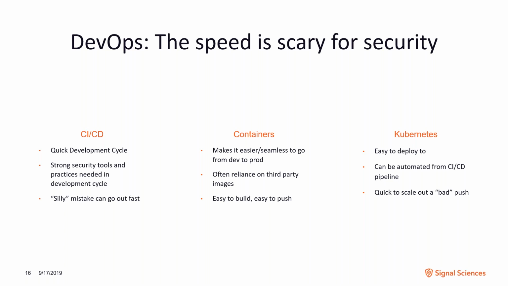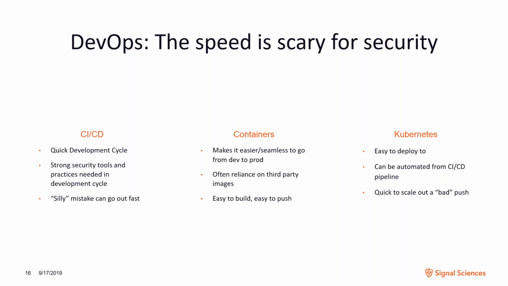Then of course we have tools like Kubernetes. I think Kubernetes won the orchestration war. There have been a lot of tools out there, but now pretty much most of the tools use Kubernetes under the hood because it works really well. It's extremely easy to deploy to. It has a great API that allows you to do a lot of automation.